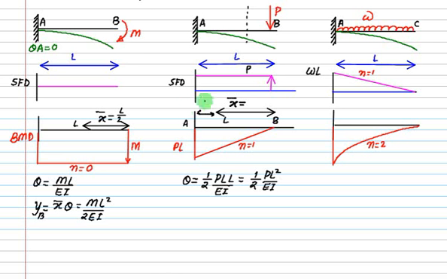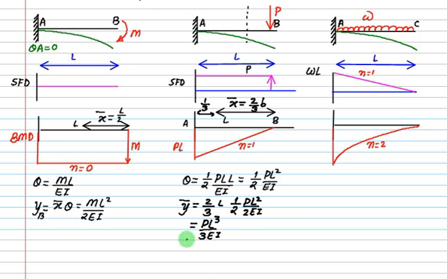So this value is 1 by 3. So what will be this value? 2 by 3 of B. So what is y bar? X bar is 2 by 3 of L multiplied by the area, which is PL square upon 2EI. That is equal to PL cube divided by 3 times EI.